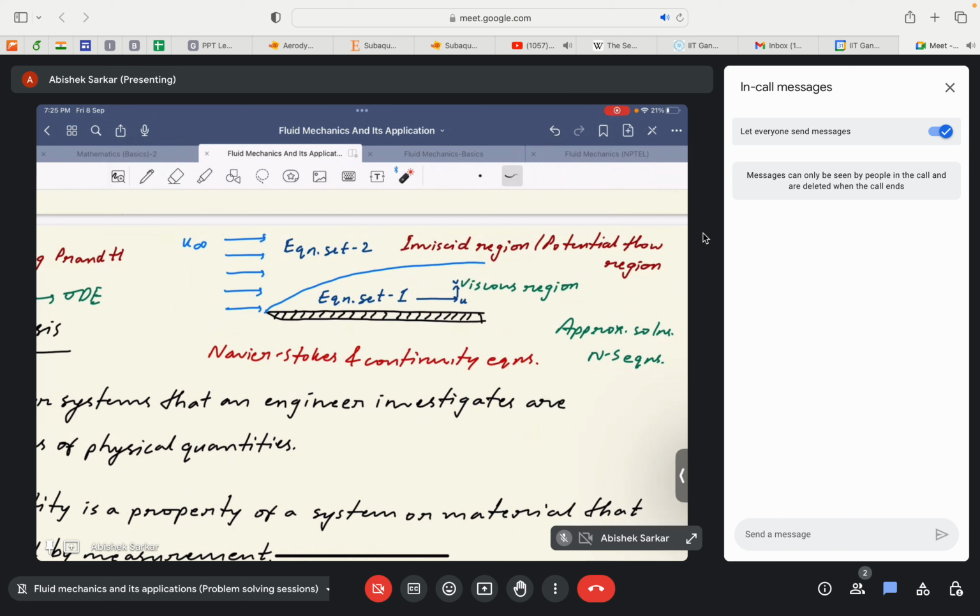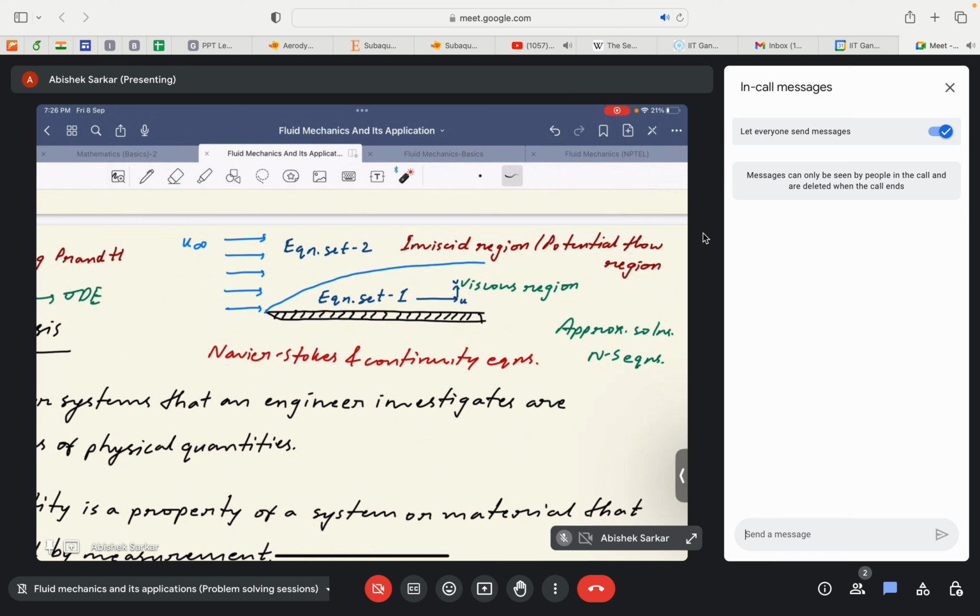In this case, ideally the characteristic velocity should have been the u component of velocity, but in reality it is u infinity that is chosen as the characteristic velocity for the flow over a flat plate. Why?